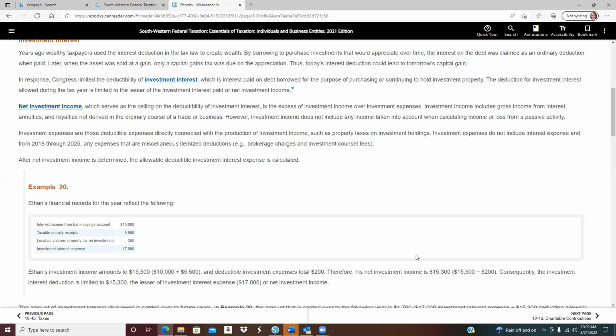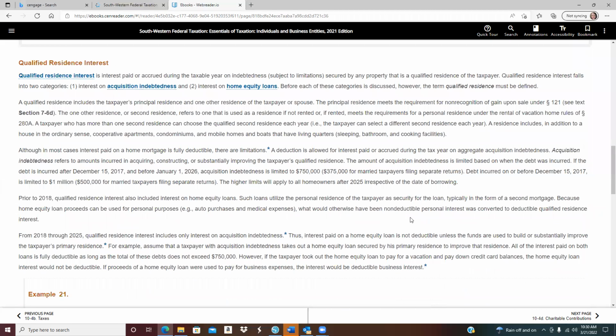Consequently, the investment interest deduction is limited to $15,300. Since his investment income was the lesser of the two, that's the amount he could deduct. Okay, so we have qualified residence interest during the taxable year of indebtedness.